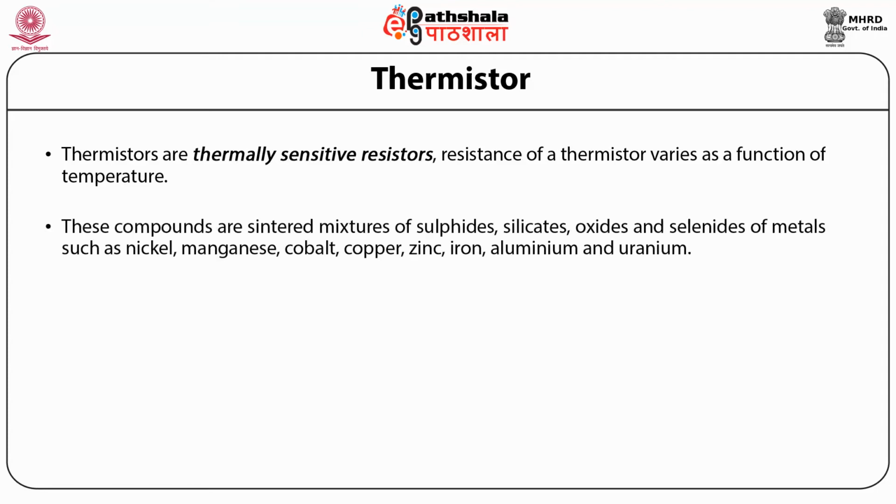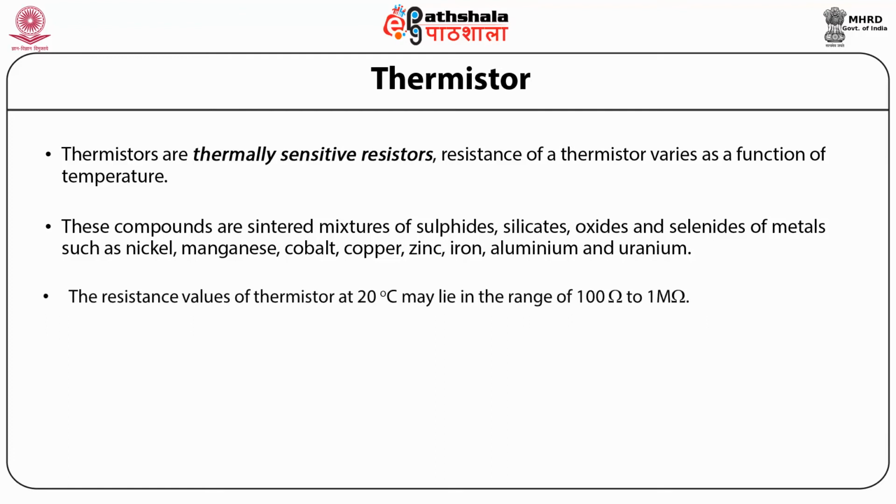These compounds are sintered mixtures of sulfides, silicates, oxides, and selenides of metals such as nickel, manganese, cobalt, copper, zinc, iron, aluminium, and uranium. Depending upon their composition, the resistivity may vary from 10^-1 to 10^9 ohm centimeter.